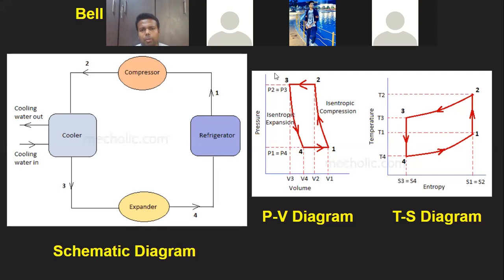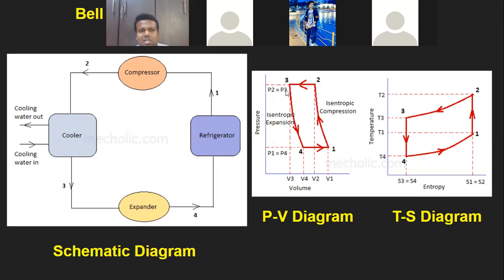Let me come back to the diagram. You can see P3 by P4 or P2 by P1. P3 or P2 is the maximum pressure, and P1 and P4 are the minimum pressures.